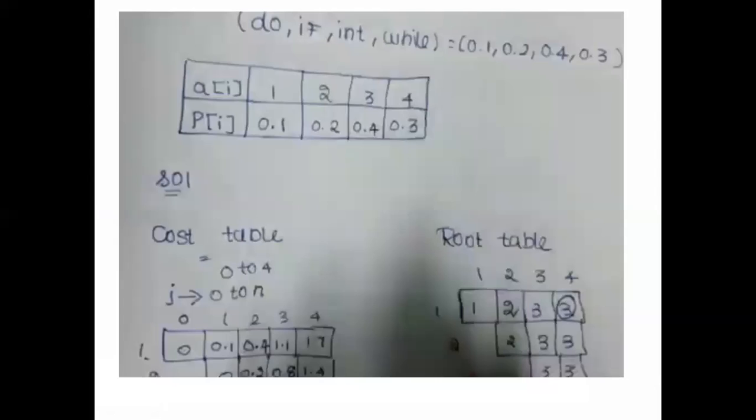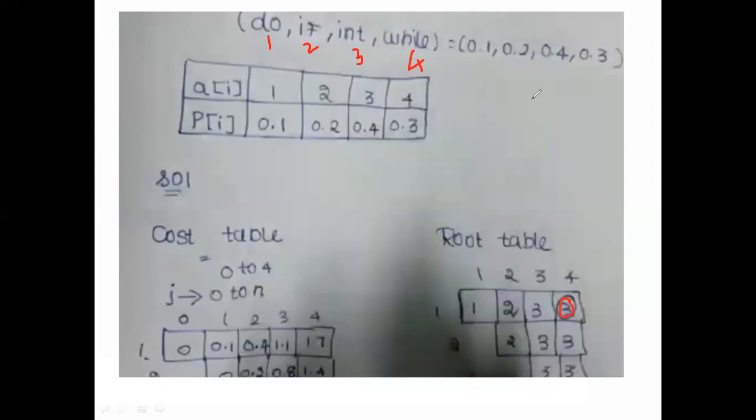Okay, because we are going to construct the optimal binary search tree. So for that, we have to find out the root. So this is the problem. This is 1, this is 2, this is 3, this is 4. Okay. So first the root is 3. What is 3? Int.